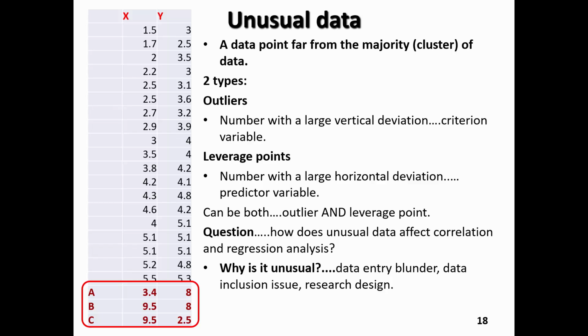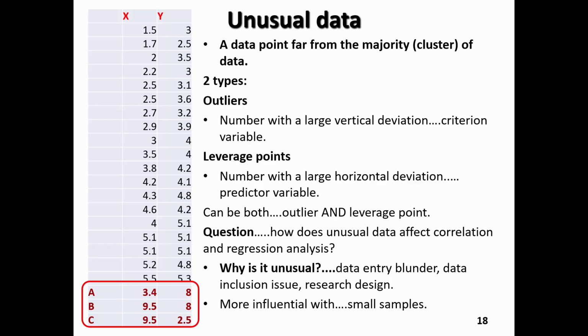Was there an issue with including that data? Was it an issue of research design? All of these items must be addressed in order to determine why that particular point is unusual. One last point is that unusual data are typically more influential when we have relatively small samples.